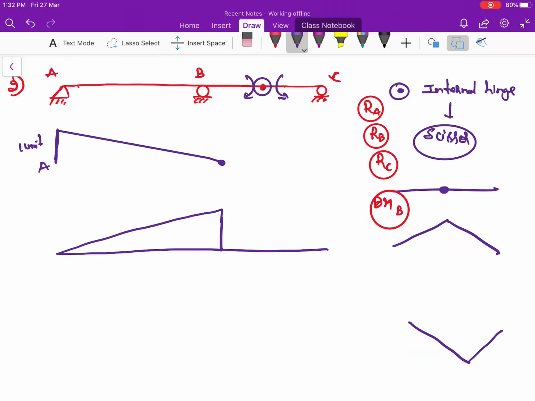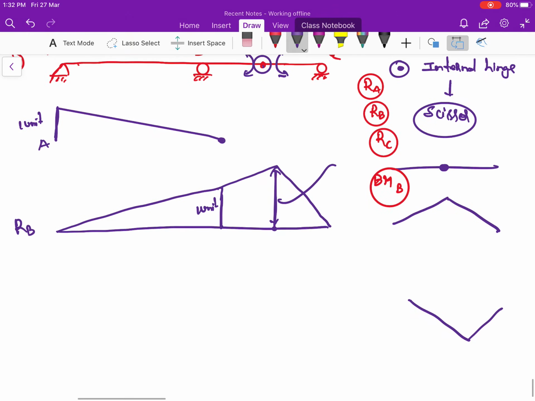But since there is a presence of internal hinge at this position, it comes to be so. This will be 1 unit, and this ordinate can be found by making use of the similar triangle concept. This is the reaction at point B.